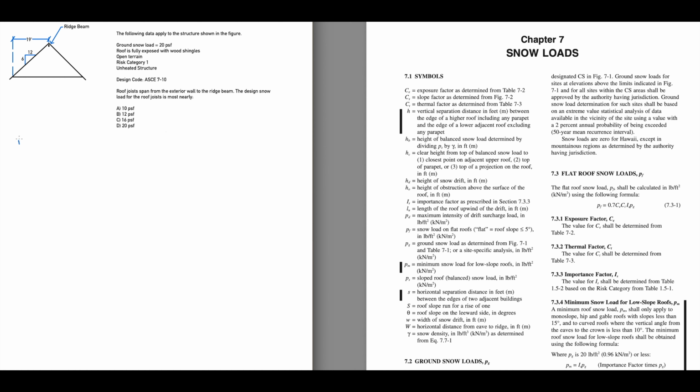So the first thing that we are going to check is the sloped roof snow load, PS. Okay, so what does PS equal?